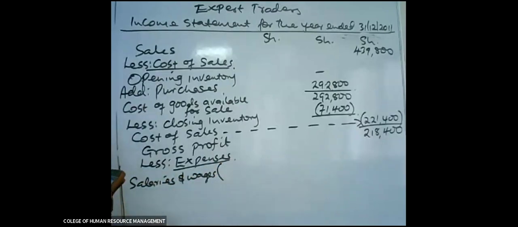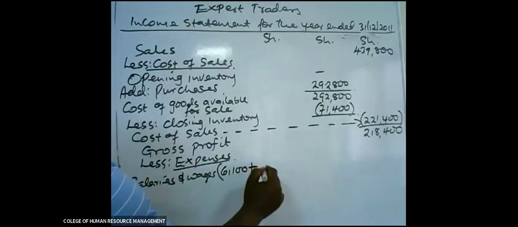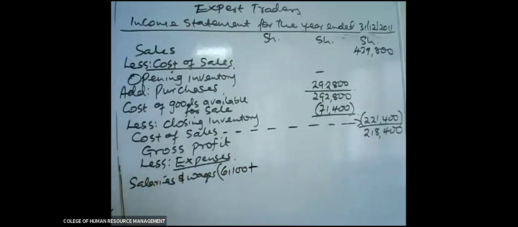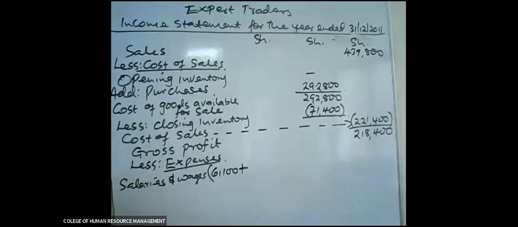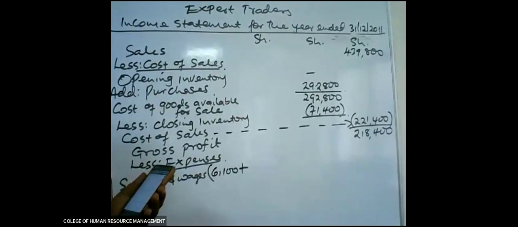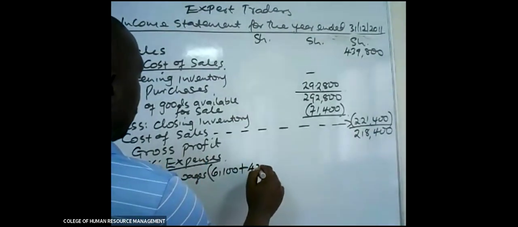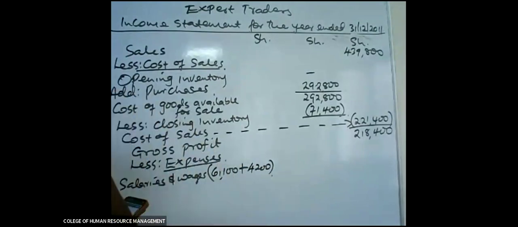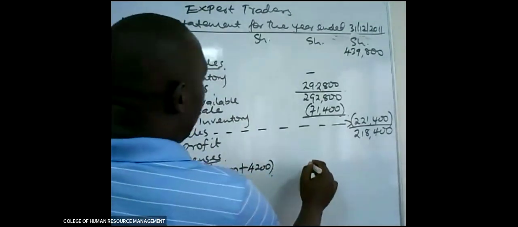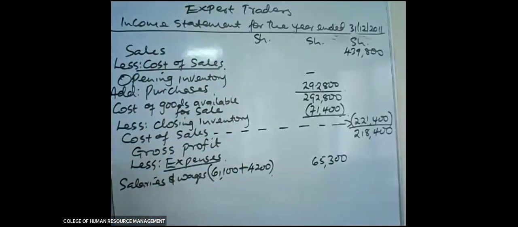The figure given for salaries and wages is 61,100. When it is an accrual, and this one is an accrual because it is outstanding money that we have not paid, it is 4,200. So 61,100 plus that will be 65,300. That is what we were supposed to pay.